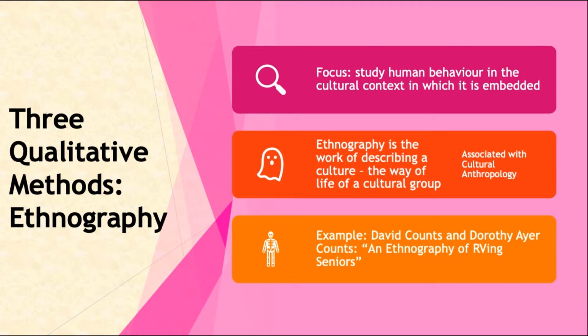They have a study of ethnography of RVing seniors. RVing are houses like vans attached to a car, and they can move and live freely. Today they are in Kampar, tomorrow in Ipoh. So he wanted to study the retired seniors who live that life.